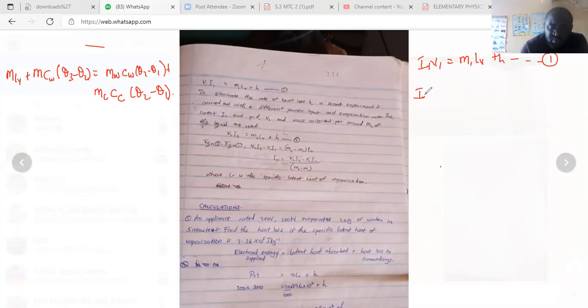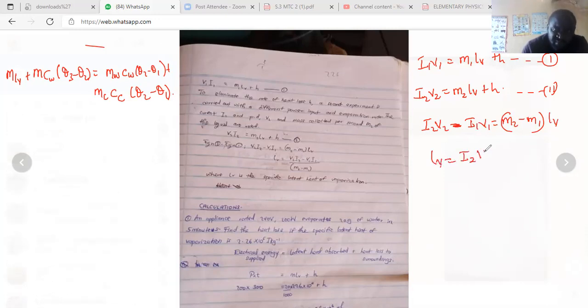So the second equation will be I2 V2 equals M2 LV plus H. When you subtract the two, you eliminate the heat losses, and you have I2 V2 minus I1 V1 equals M2 minus M1 times LV. Therefore, latent heat of vaporization can be realized from I2 V2 minus I1 V1 over M2 minus M1.